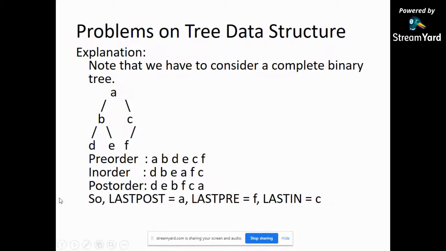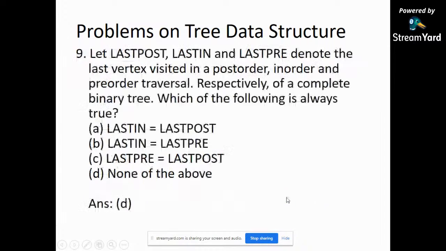So last post is equals to A. In post order, you can see the last vertex visited is A. So last post is equals to A, last pre is equals to F, and last in is equals to C. So it is A, F, and C. And here the option says last in is equals to last post, last in is equals to last pre, and last pre is equals to last post.